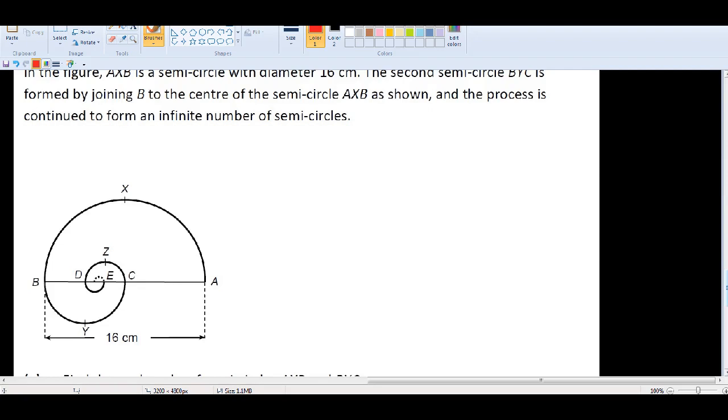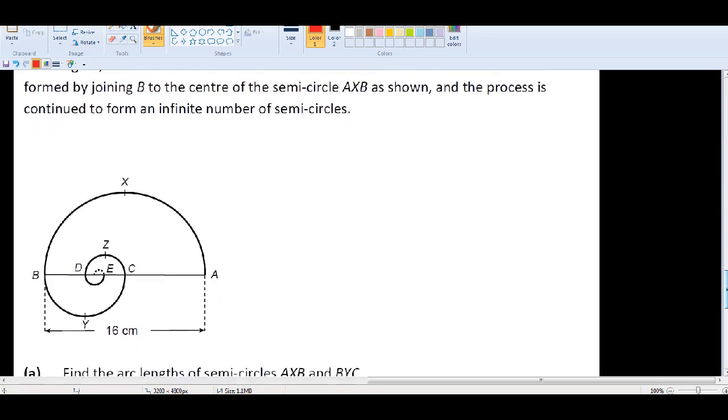So AXB will be the first semicircle, and BYC and CZD and D somehow E, that it just loops to infinity, right? So it can go on and on to infinity. Alright, so how could we do this part?